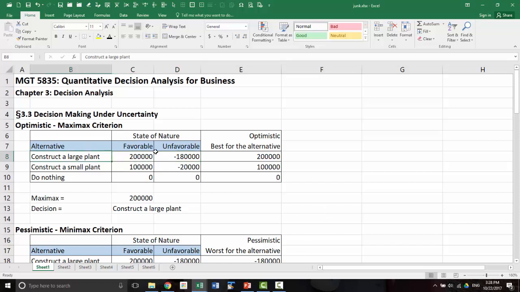So what is the utility of 200,000 and what is the utility of minus 180,000? It's very likely that this minus 180,000 has more negative utility than the positive utility of a larger number in dollar terms. So how do you convert these numbers into utility values?